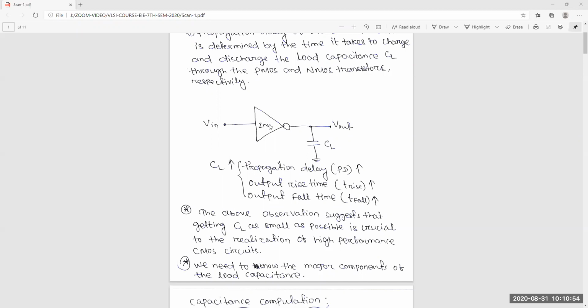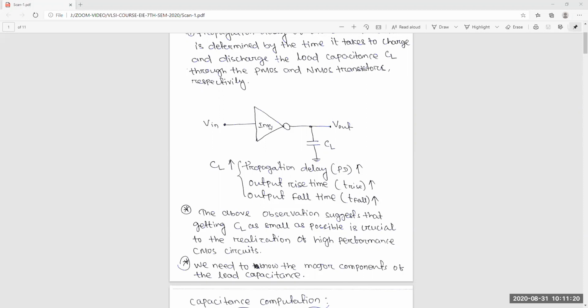That PMOS part is modeled as one resistor, and the NMOS part is also modeled as a resistor. That resistor is connected from VDD to output port or output port to ground. That resistor R and C will act as an RC circuit, which is responsible for the charging and discharging time.